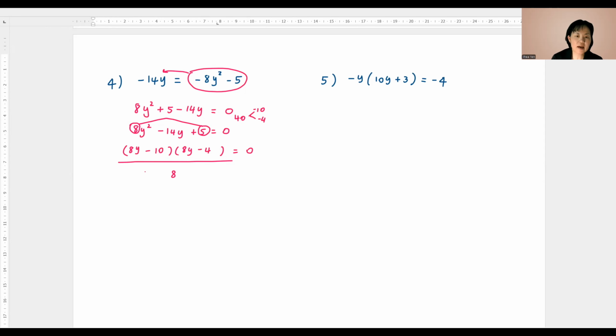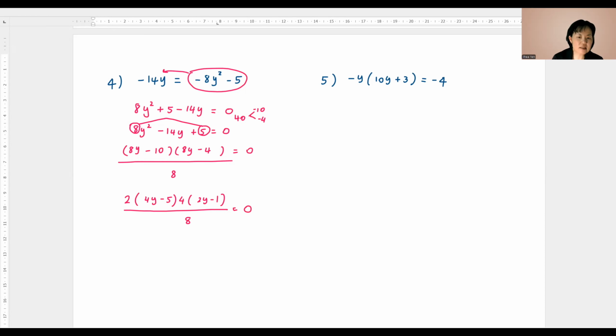Now I'm going to take out a common factor for each bracket. So 8 and 10, I'm going to take 2 as my common factor, before y minus 5. And here, 8y minus 4, my common factor will be 4, so there will be 2y minus 1, and then all over 8 equals 0.